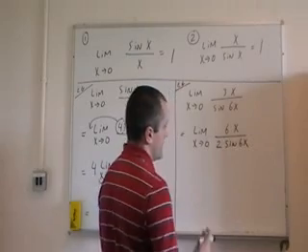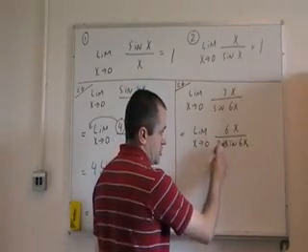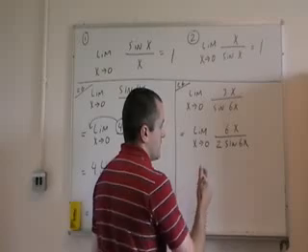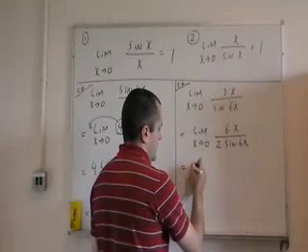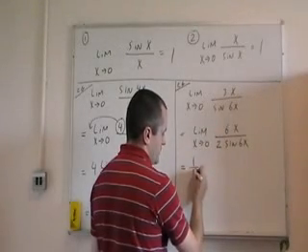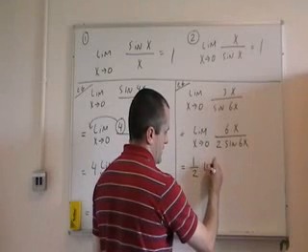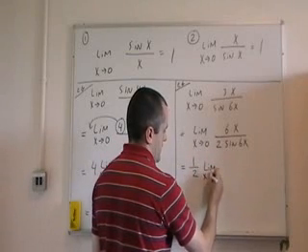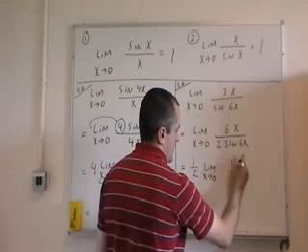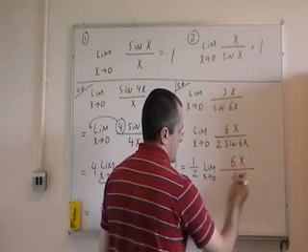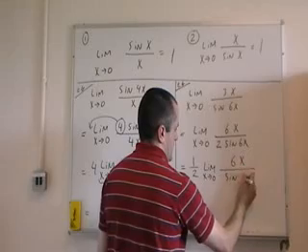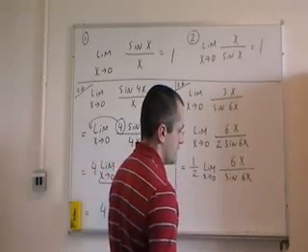Just like before, I've got this 2 underneath the line that's in the way, so I can pull that outside my limit problem. The 2 is underneath the line, so it comes out to be 1/2 times the limit as x goes to 0 of 6x divided by the sine of 6x.